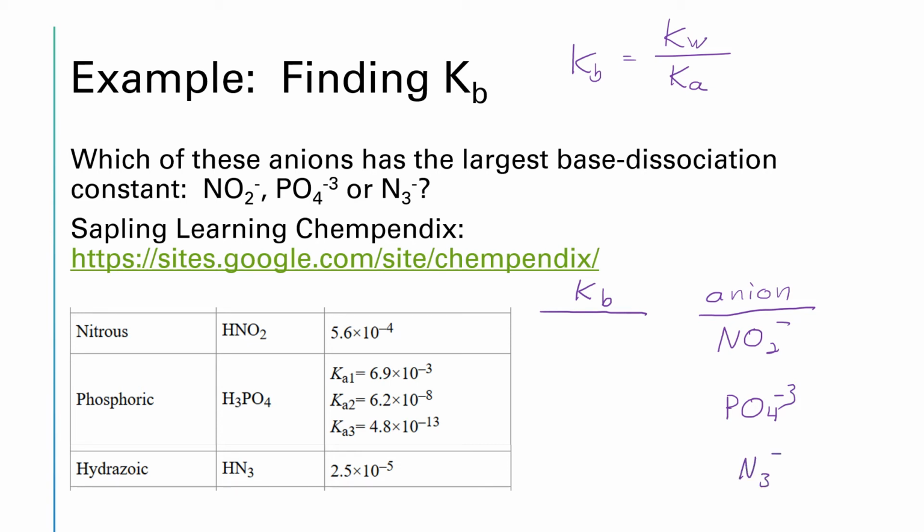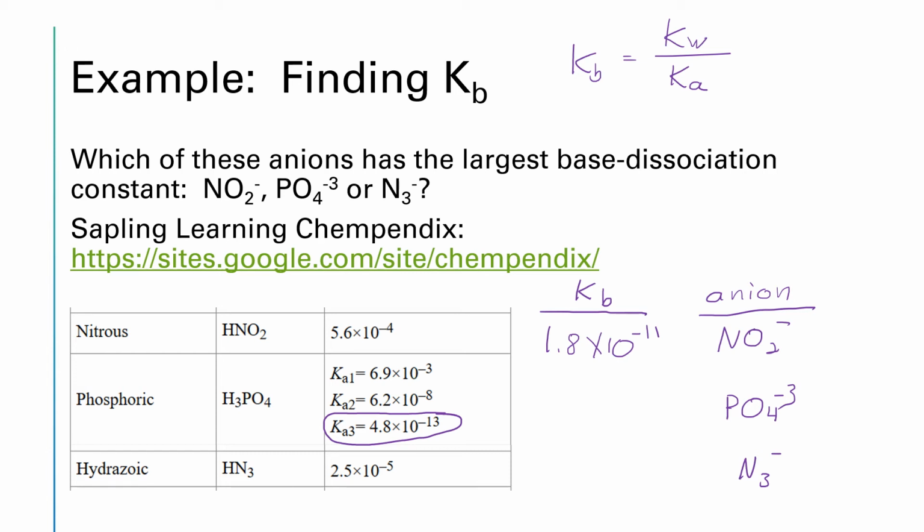Okay, so for nitrite, I'm going to take 1 times 10 to the negative 14 and divide it by 5.6 times 10 to the negative 4, and that's going to give me 1.8 times 10 to the negative 11. For the phosphate ion, I'm going to want to use the third ionization constant because that's the one that will yield phosphate.